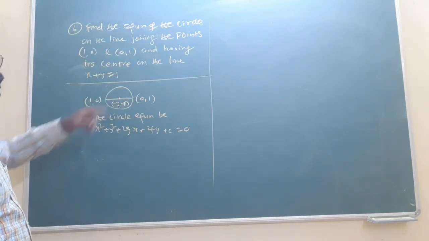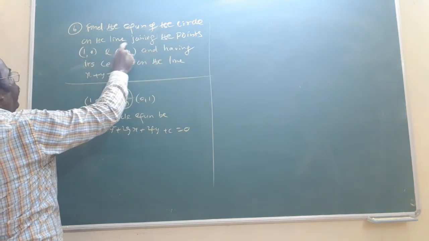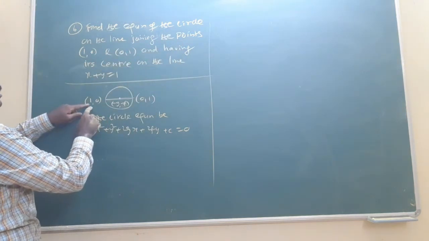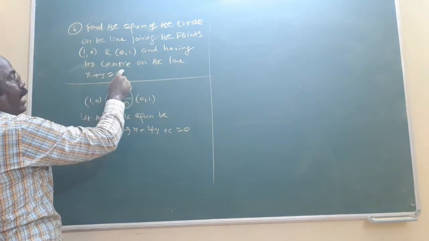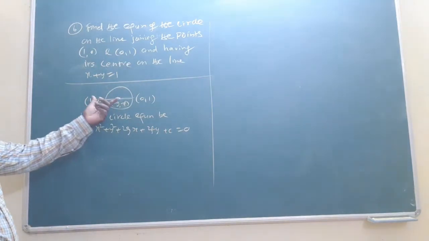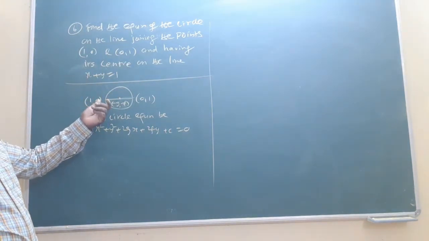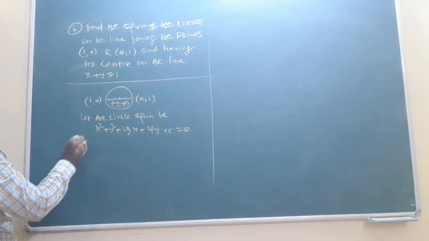Now, one circle is given. Find the equation of the circle on the line joining the points (1, 0) and (0, 1), and having its center on the line x plus y equal to 1. The center is minus g, minus f. Now what is the first point?